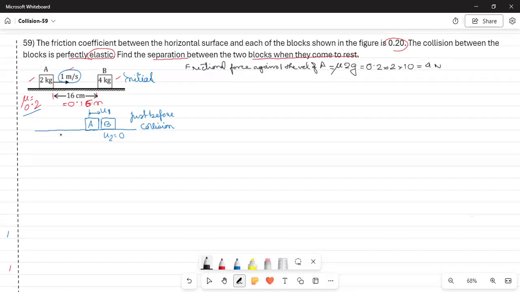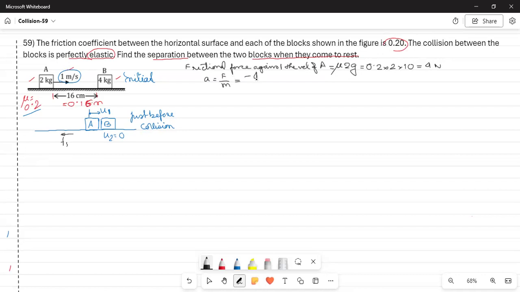Now this frictional force acts in the opposite direction, so definitely it will create a retardation or negative acceleration on A. What is that negative acceleration? We know a is equal to force by mass. The force is acting in the opposite direction.